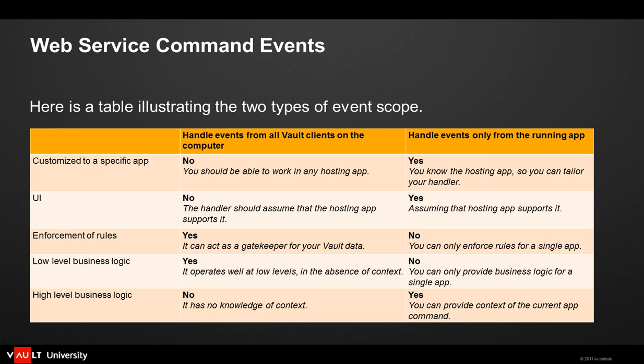And that Vault Heart Bluestreak app is a good example of that, because I'm running inside of Vault Explorer, I know more information about what the user is actually doing, and I'll illustrate that a bit later.